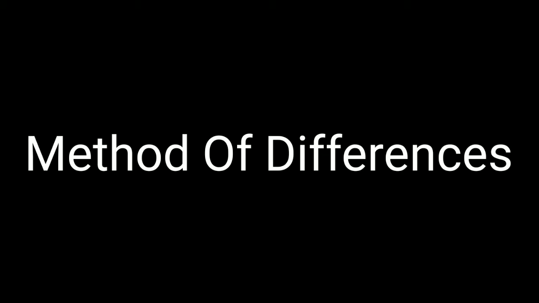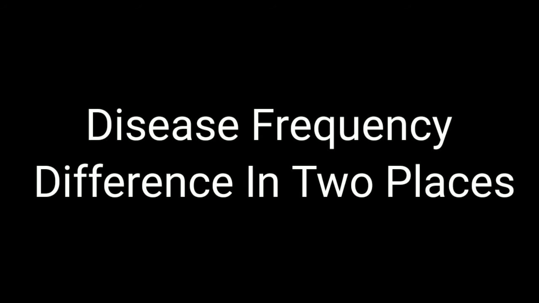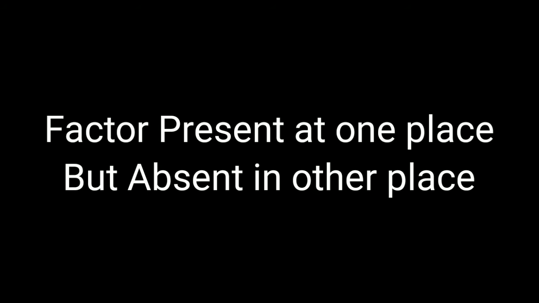It is when the frequency of a disease differs in two different circumstances, and a factor is present in one but absent in the other. Then that factor may be susceptible of being a causal agent.